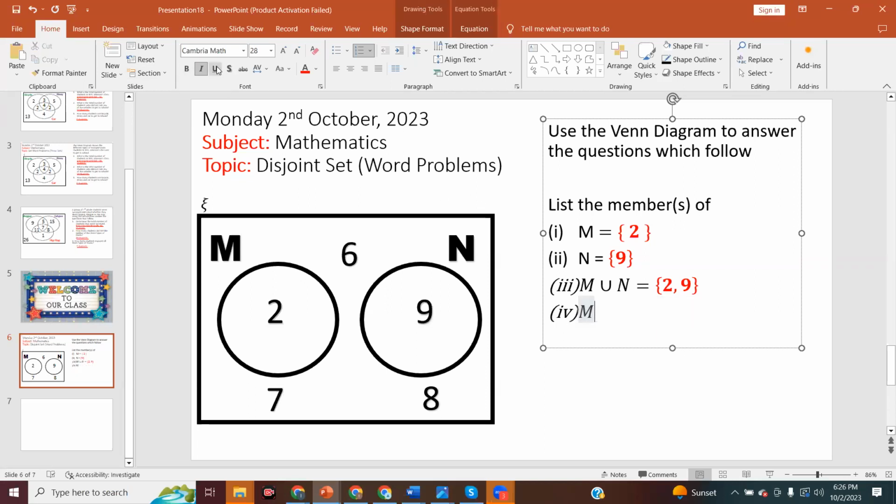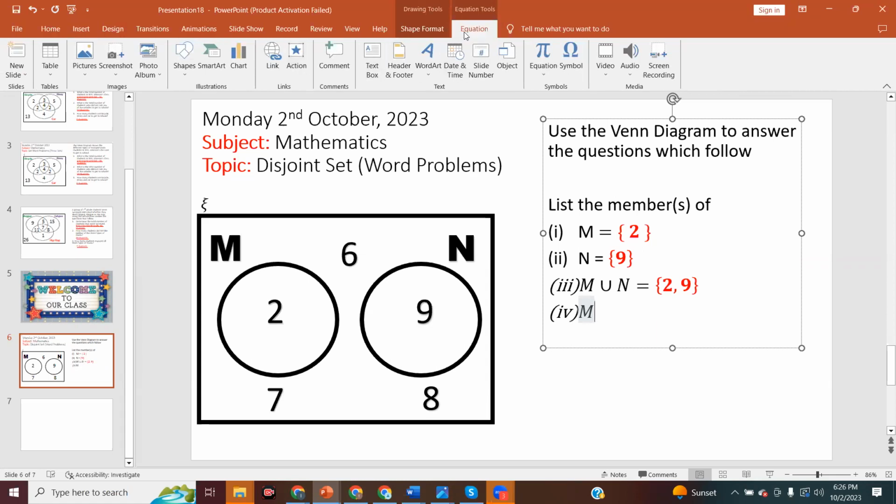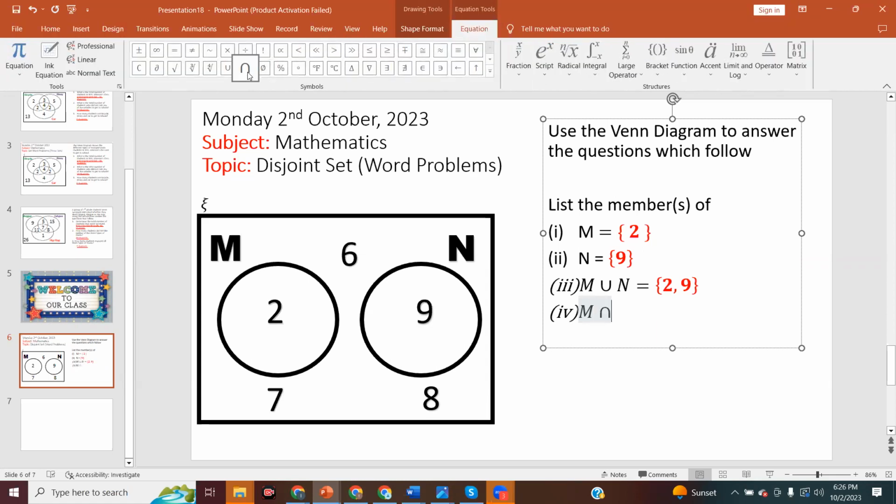Capital M, this symbol, and that. What is that supposed to be? Put the answer inside the chat, please. What do you think the answer for this one is?